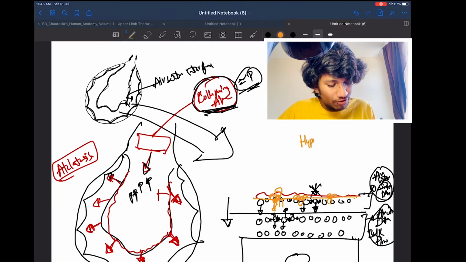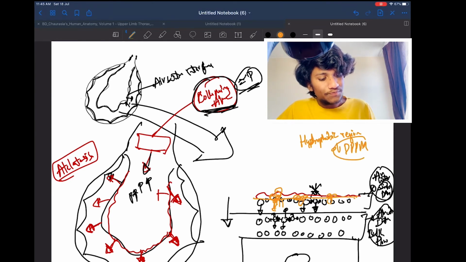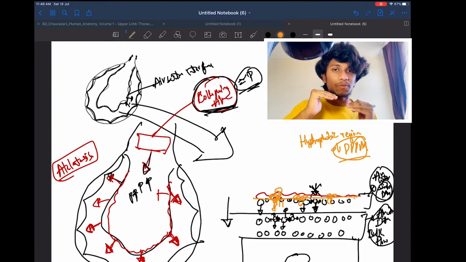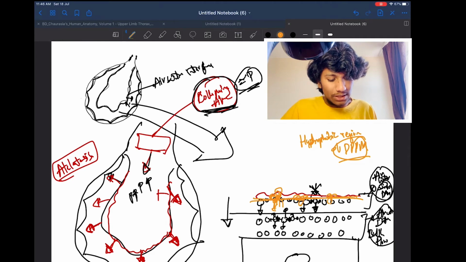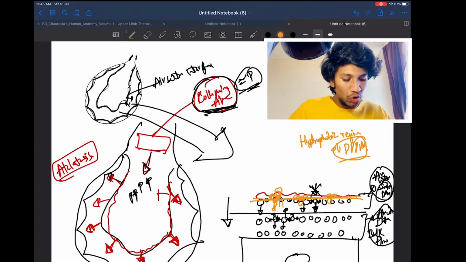So the hydrophobic regions of DPPC will make the surface tension reduced, so the air surface molecules are not allowed to go down.